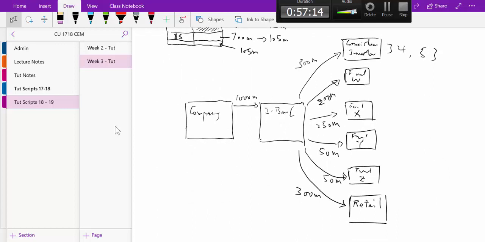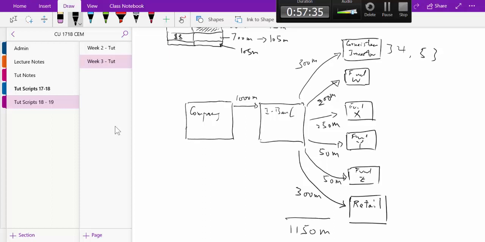This is over allocation, okay? So when you add them all up, 300, 500, 750, 800, 850, you realize that it comes to 1150, correct?